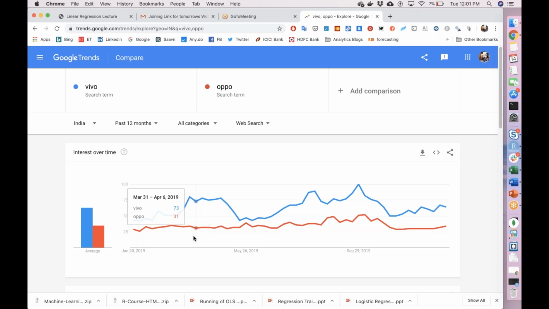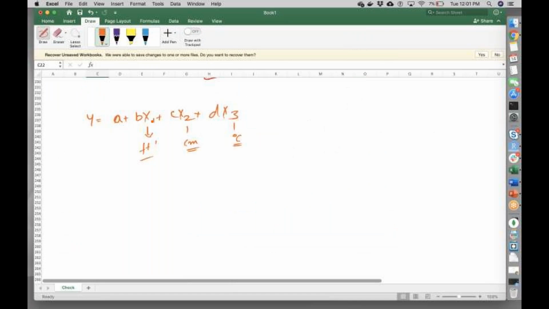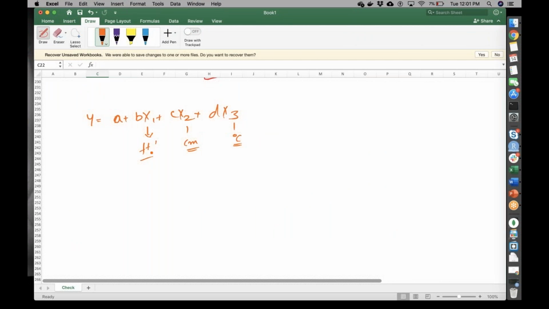The only reason for doing standardization is, let's say, if you want to calculate the standard deviation for your height in feet, and this is again for degree centigrade, you want to calculate the standard deviation for this.